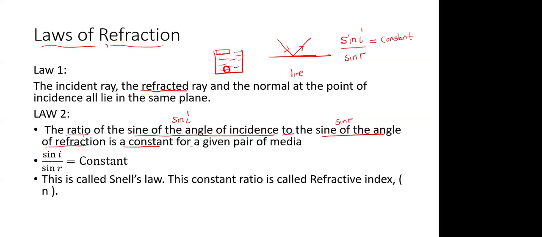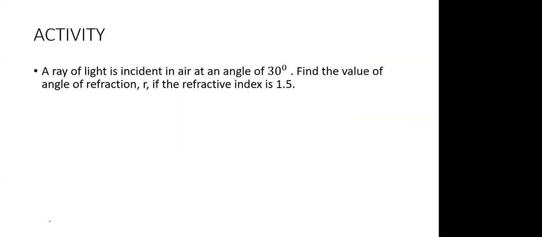Okay, so we are going to continue. Now from here, like we have said, Snell's law is given by this: the refractive index is sine i over sine r. Now, when you look at our question, they are telling us that we have a ray of light incident in air.